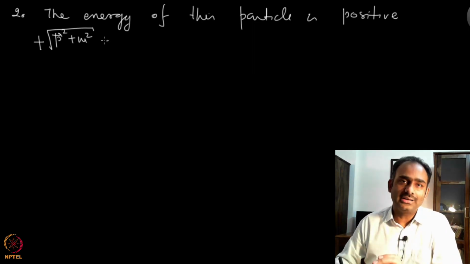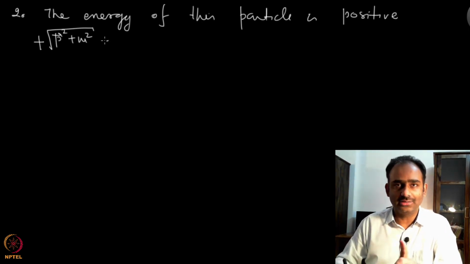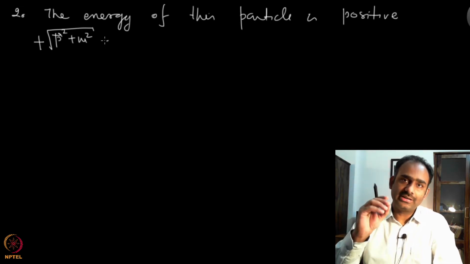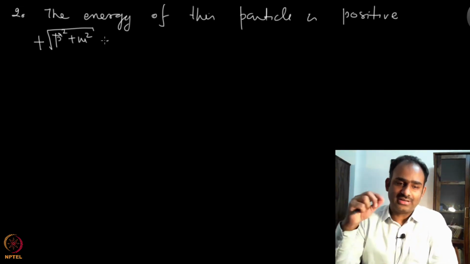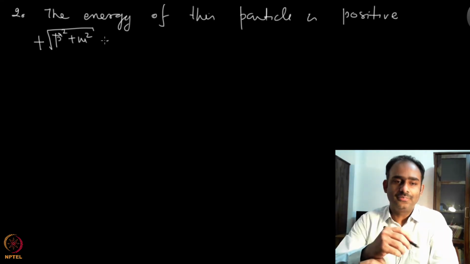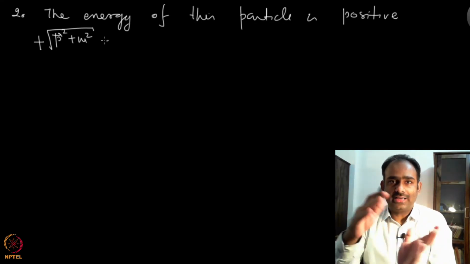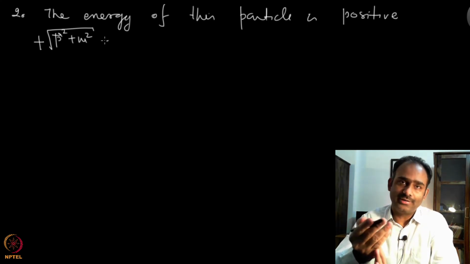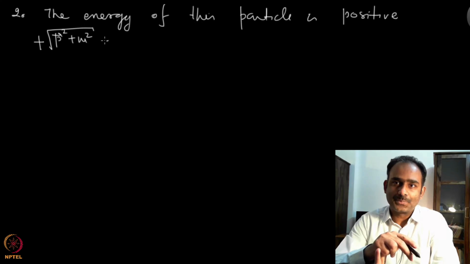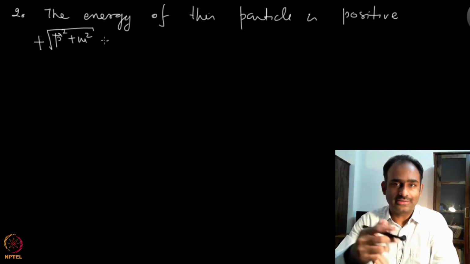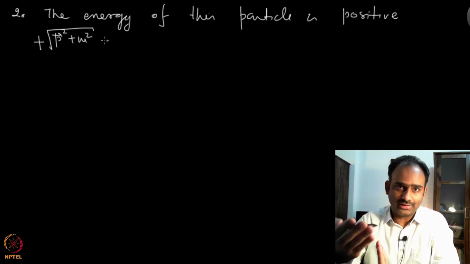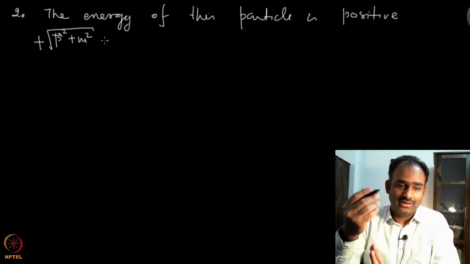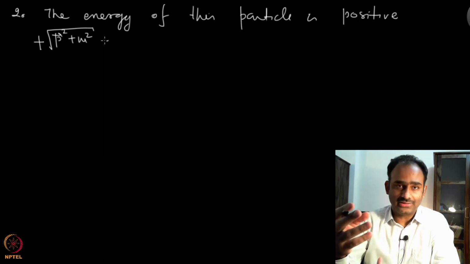You recall we had difficulty when we were trying to interpret the Klein-Gordon theory as a single particle theory. When we were treating phi as the wave function describing the particle, then we had the issue that the energy operator, when it acts on this, gives you both the possibilities of having positive energy and negative energy. But now we are not treating phi as a wave function. Phi is just a classical field. We have quantized it, and now we have constructed a particle by acting a dagger on ket 0.